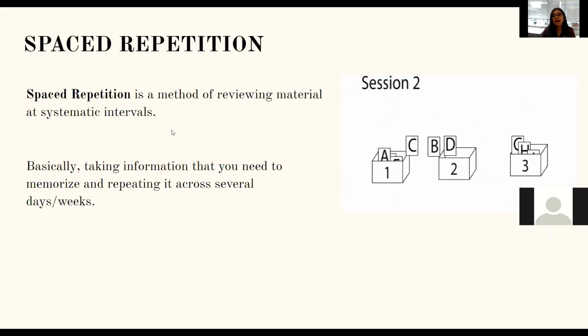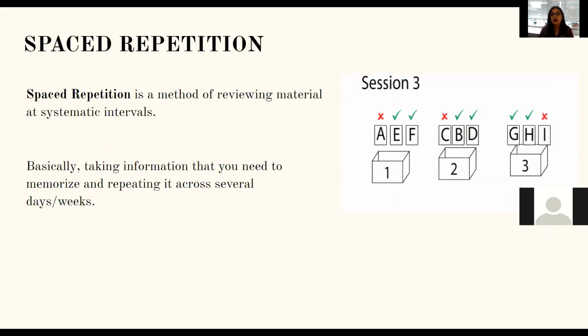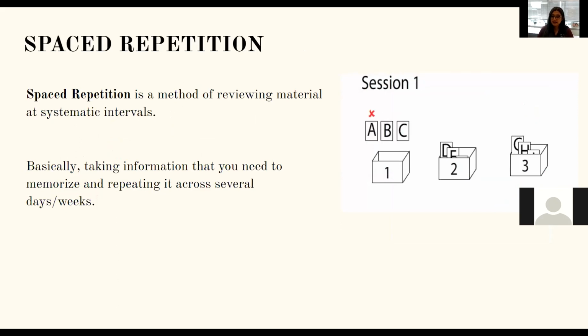One of the ways that you can prepare for exams or your tests is through a process called spaced repetition. Spaced repetition is a method of reviewing material at systematic intervals. So basically you're taking information that you need to memorize and repeating it across several days and several weeks.